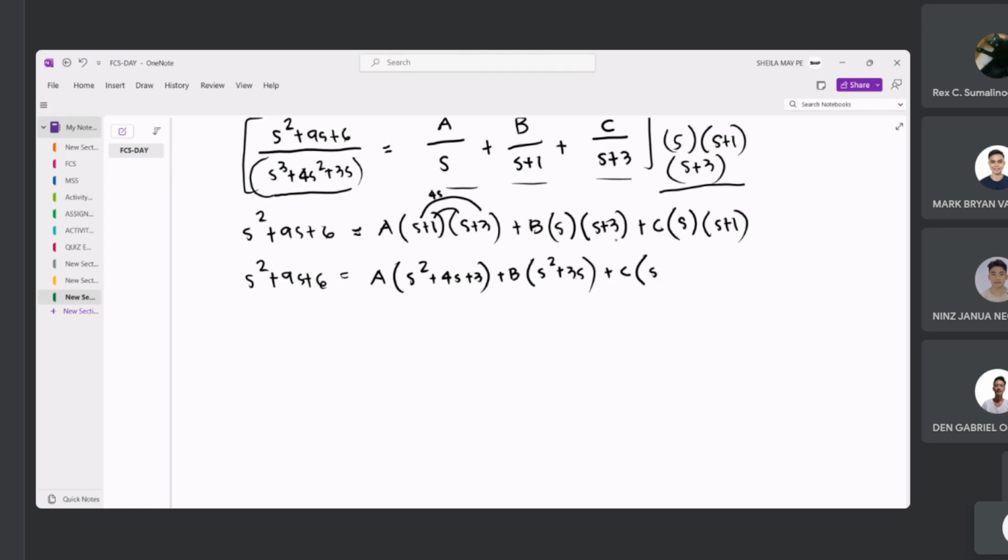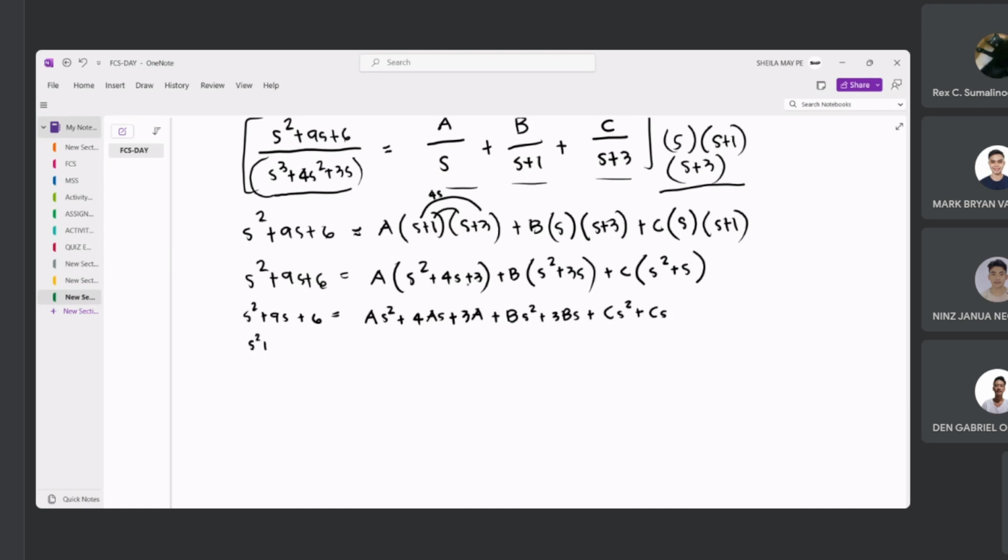Plus C, s squared plus s. Okay, distribute again with our variables. So this is As squared, okay, plus 4As plus 3A. I-distribute na to si A ni s squared, si A ni 4s, si A ni 3. Okay, plus Bs squared plus 3Bs plus Cs squared plus Cs.